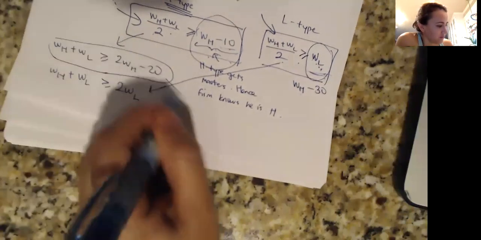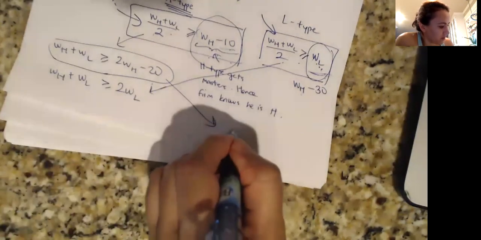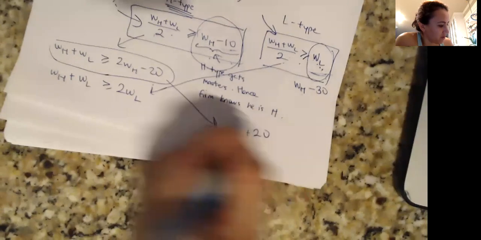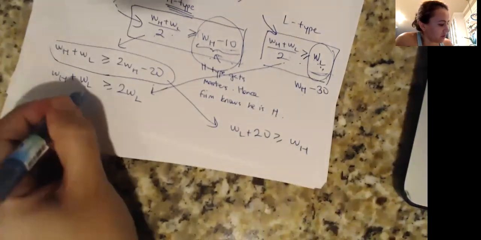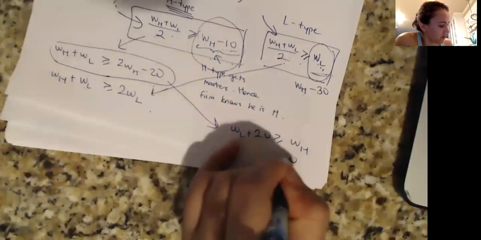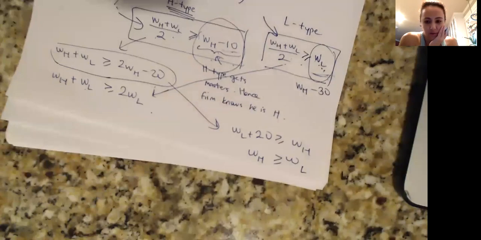Taking this again and simplifying, I have WL plus 20 greater or equal to WH. And here I have WH greater than WL.